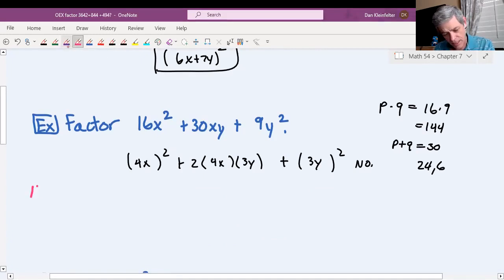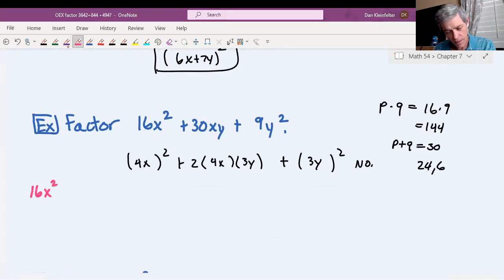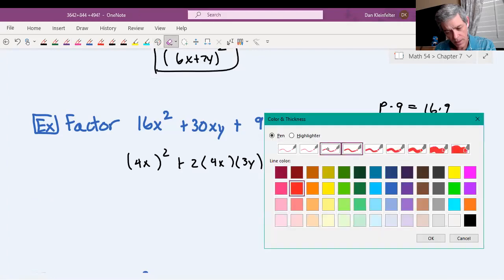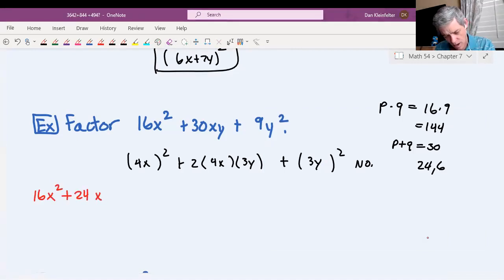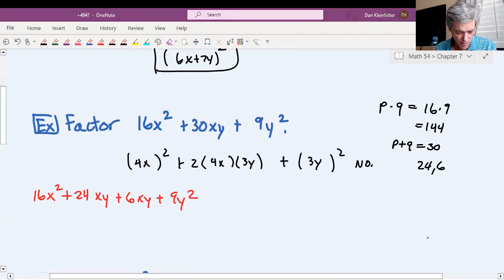So we'll have 16x squared, and then 24xy and 6xy, and then 9y squared. All right, so let's see. 16 and 24 both have 8 as common factors, so we'll be able to factor out 8x.